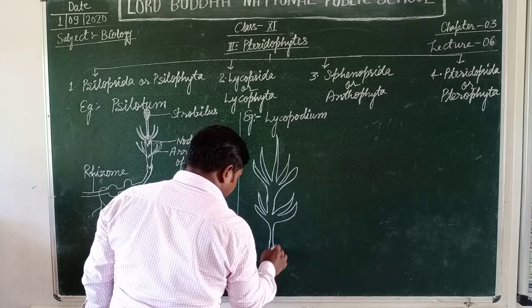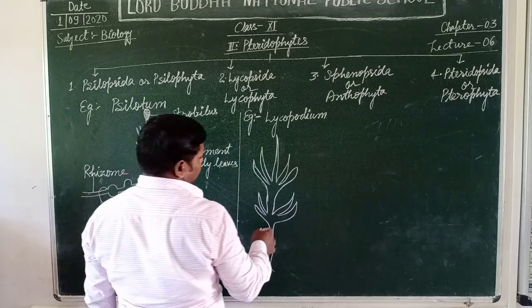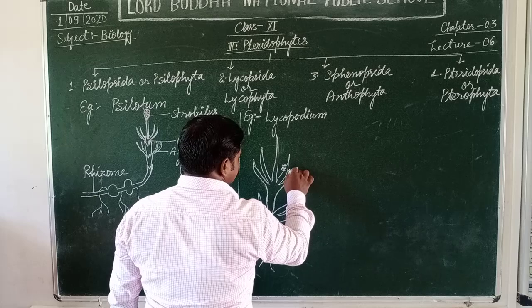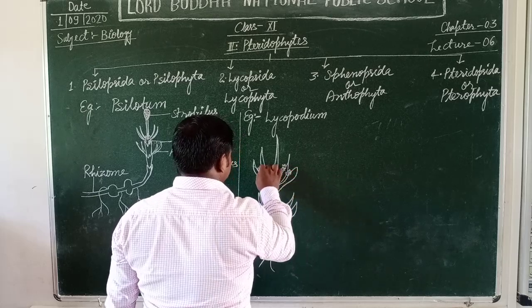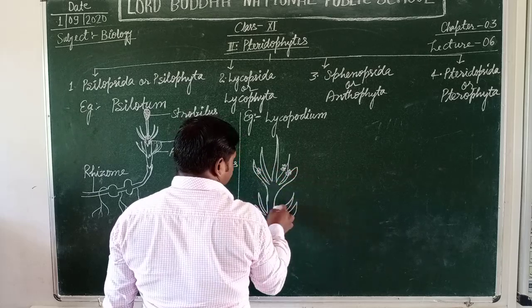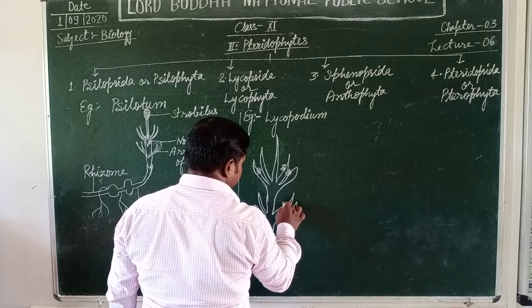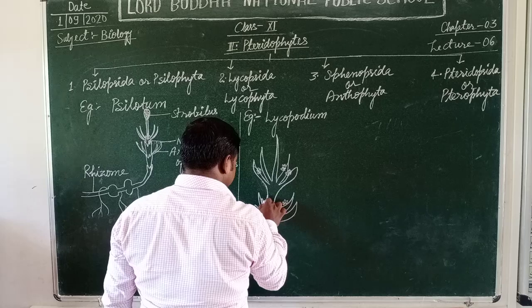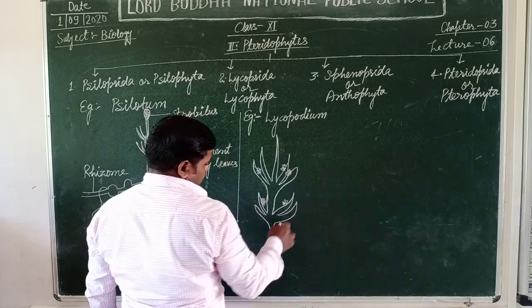This is the stick on which these frond-like leaves are present. These leaves are very small and they bear the sporophytes, or you can say the spore bearing leaves.